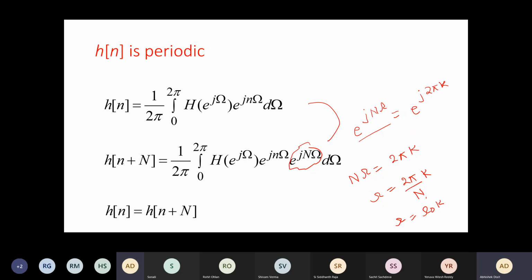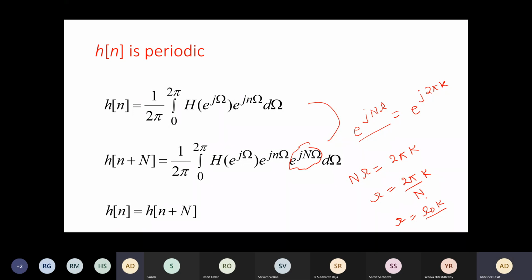What does this mean? This means that if h[n] is periodic, only discrete frequencies, omega naught times k, k is an integer, omega naught is a constant, only discrete frequencies are allowed, right?